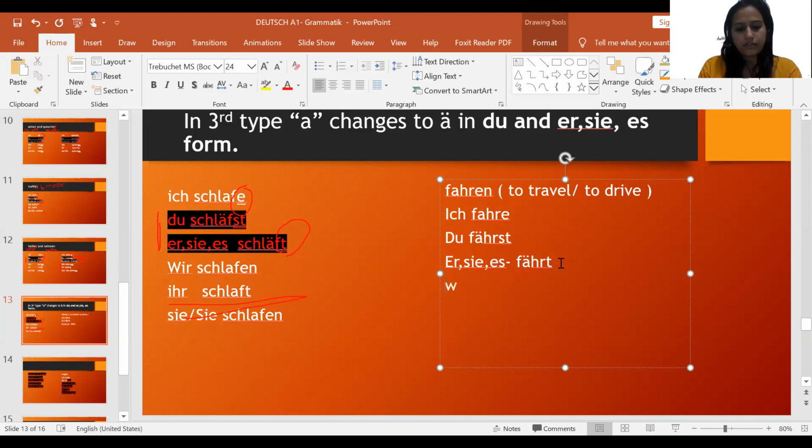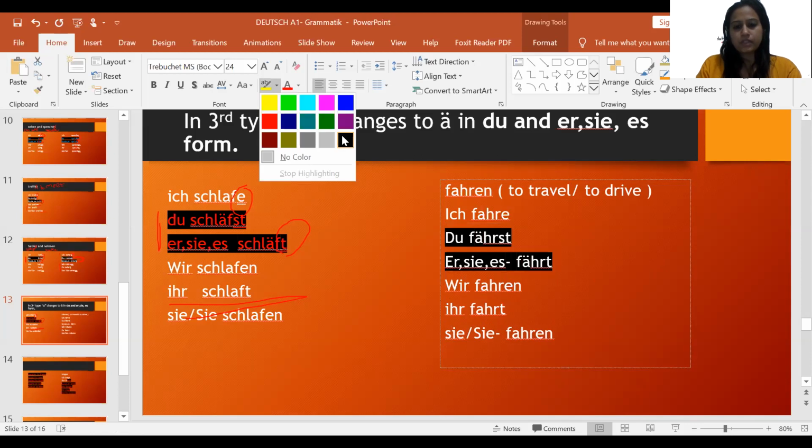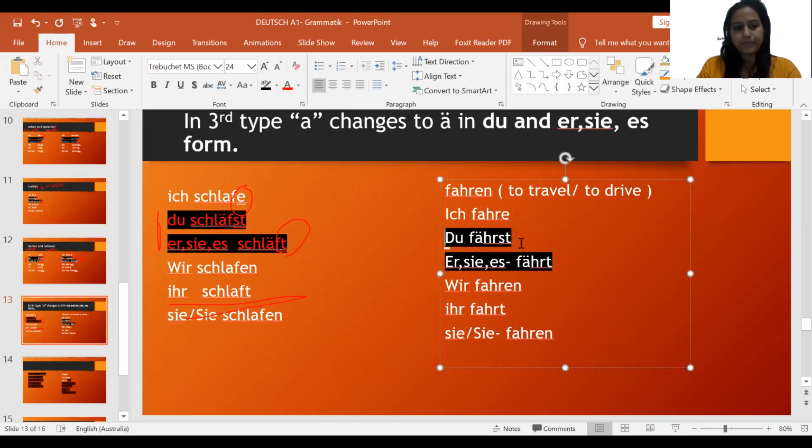And then wir fahren, as usual, ihr fahrt, sie fahren. So the change is only in this du and er/sie/es. Let's take another verb. I hope this is clear. If not, as I mentioned, just ask me.